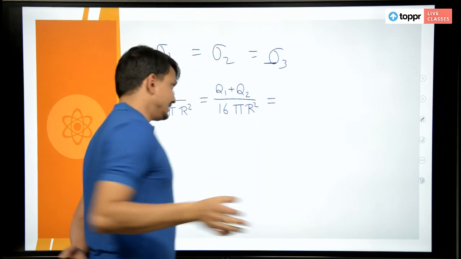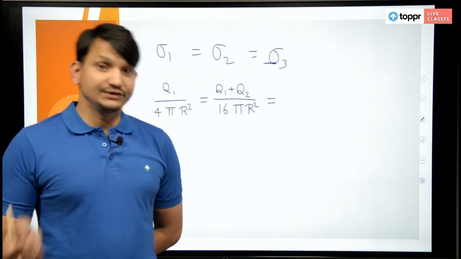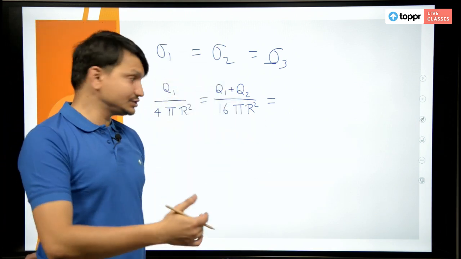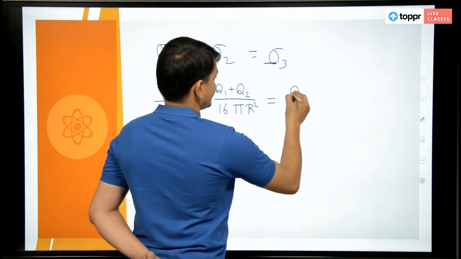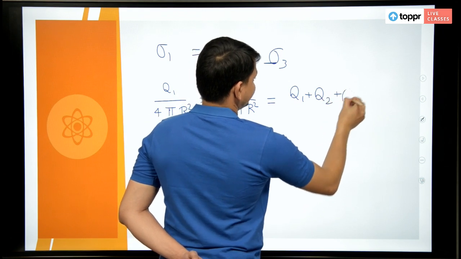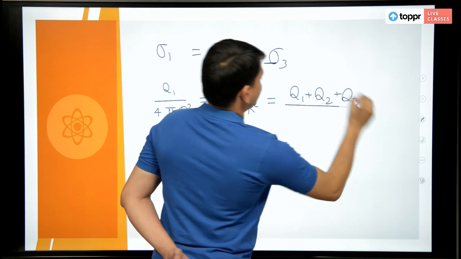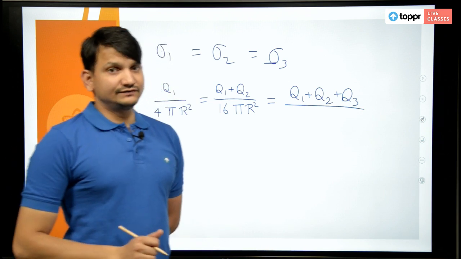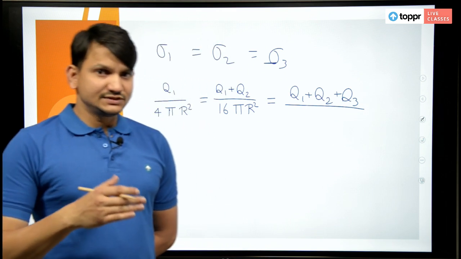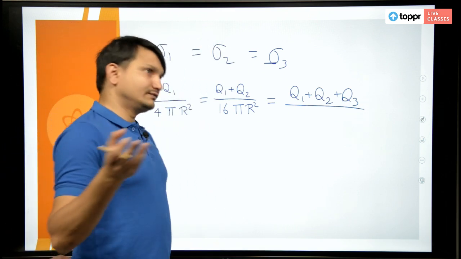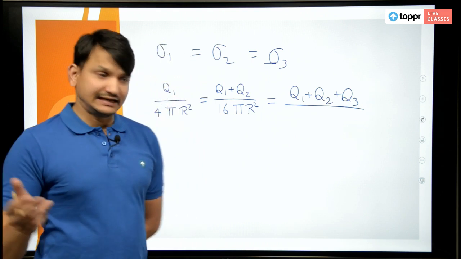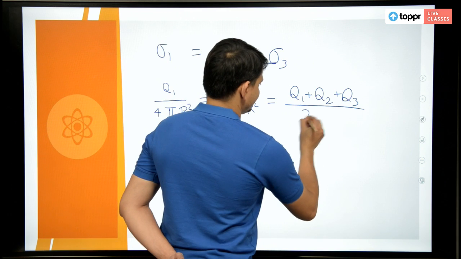It is again equal to Q1 plus Q2 plus Q3, the charge on the outer boundary of the outermost shell, divided by its surface area, 4 pi times the square of 3r, that is 4 pi times 9r square, that is 36 pi r square.